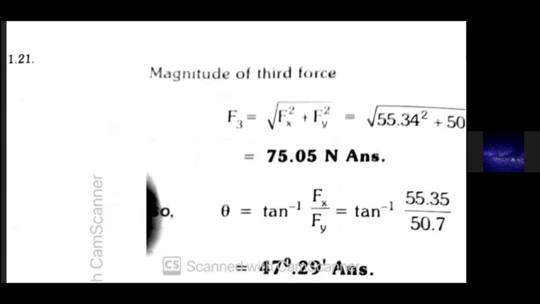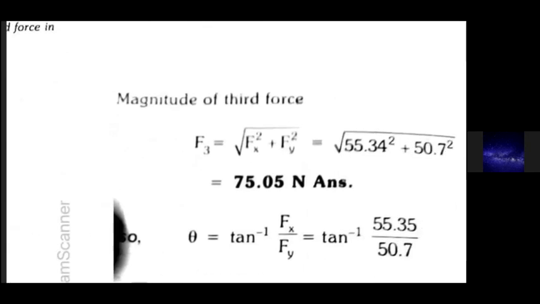From that, find Fy equal to 50.7 newtons. So the magnitude of the third force F3 equals under root Fx square plus Fy square. You'll get F3 value is 75.05, and theta is equal to tan inverse Fy by Fx.